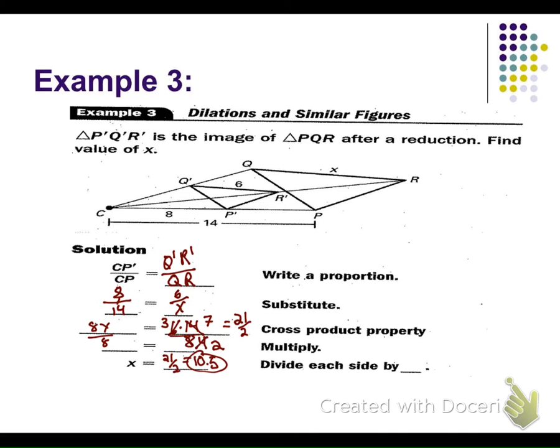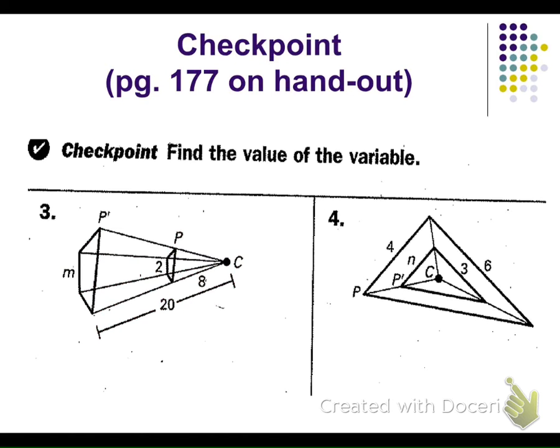Okay, so we want to find the value of the variable. With this, we have to create that ratio ourselves, right? We don't know which one. Well, in some of them we do, but we don't always know which one is the image. So here it tells us it's P prime. Remember that P prime went on top. We don't necessarily have to write it that way. But C to P prime went on top.